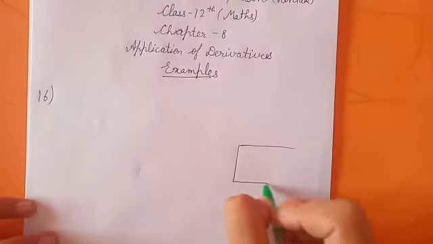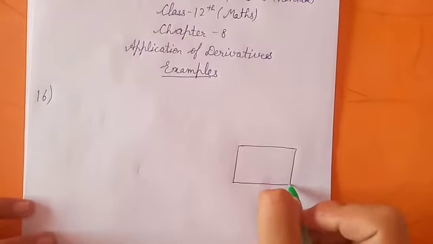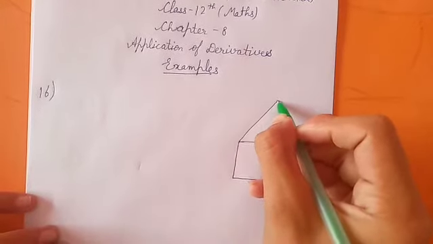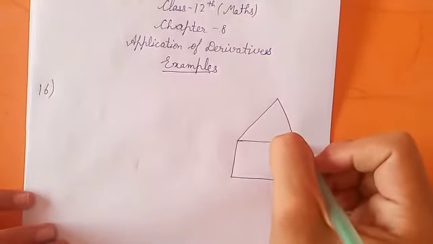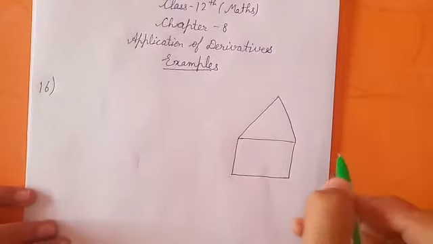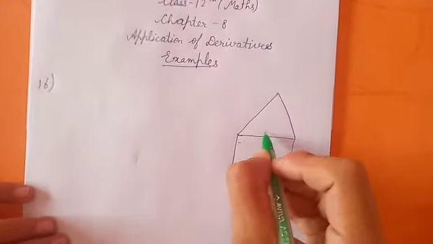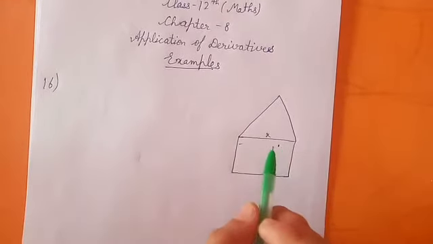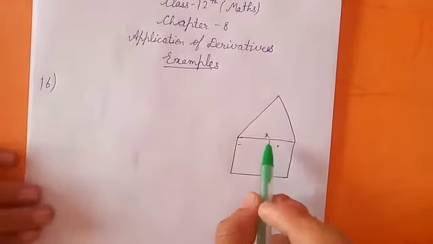We have a rectangular window surmounted by an equilateral triangle. So let us assume that the length of the rectangle is x. Also it is one of the sides of the triangle.